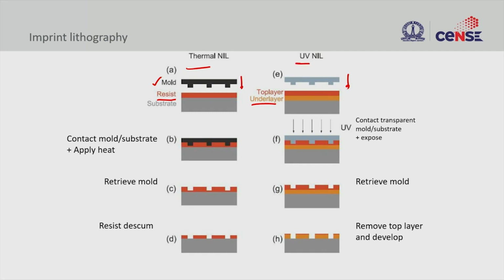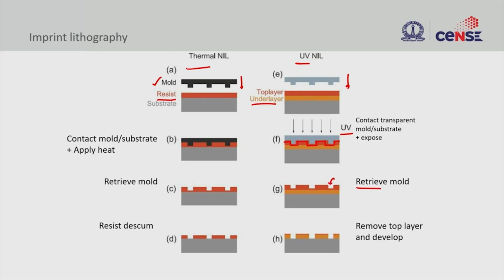When you expose it with light, cross-linking happens and the soft polymer takes the shape of the mold. Even after retrieval, you see the shape preserved.